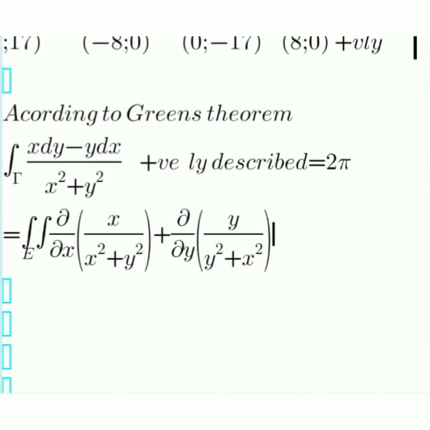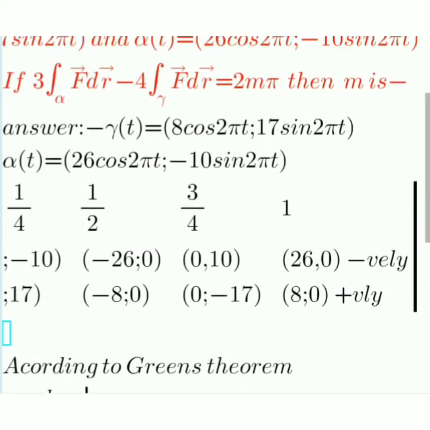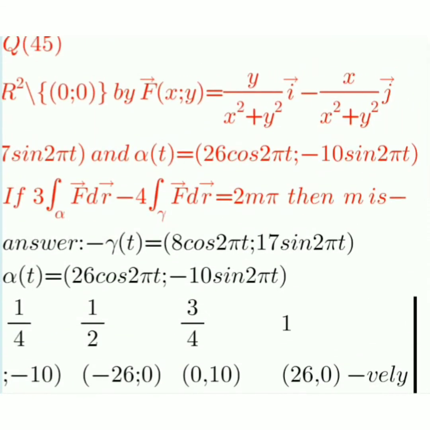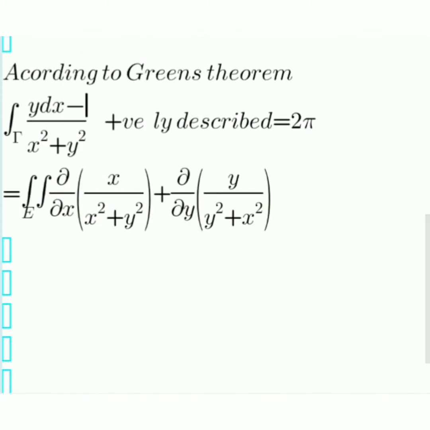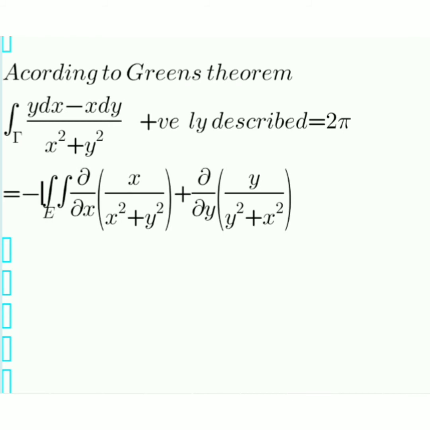So I write this way: y into dx minus x into dy, so it should be minus here.